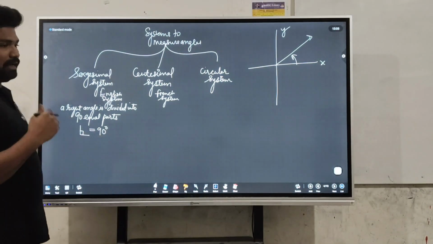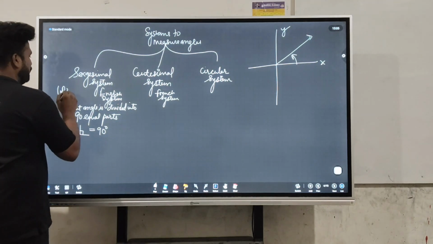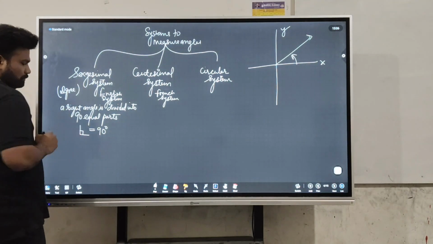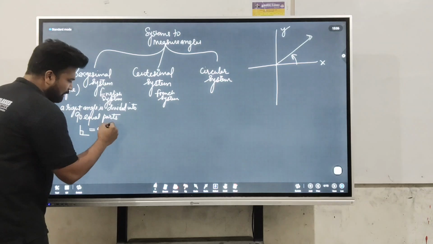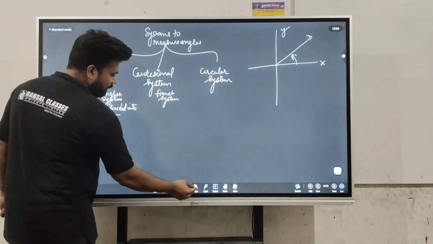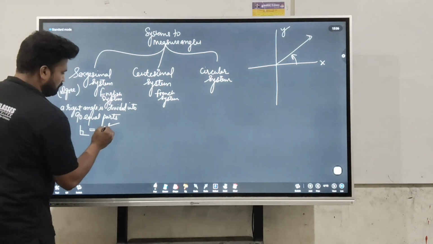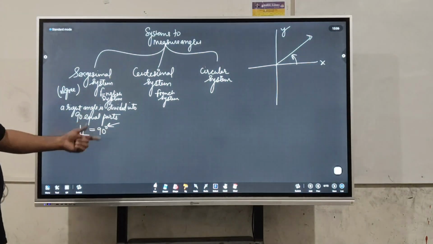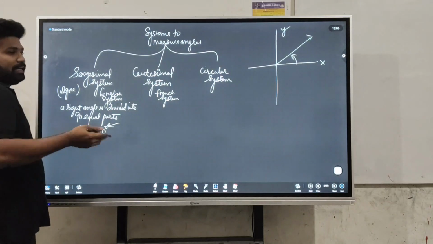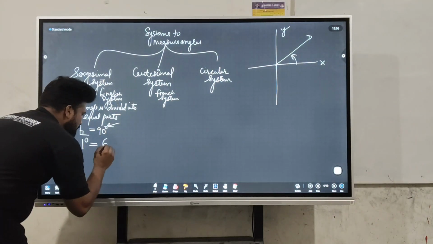This is also known as the degree system, and this is the notation for degree. The degree is further divided: 1 degree is equal to 60 minutes.